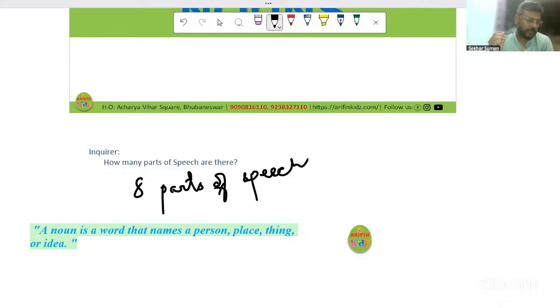And if these features match with that particular part of speech, then we will consider that this particular word will come under that category. So all the naming words in this entire world, no matter what, they all are under the category of nouns.